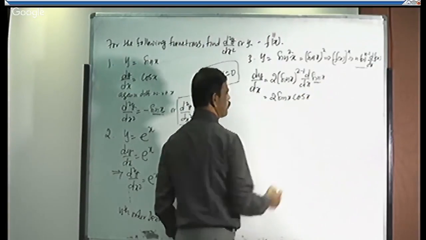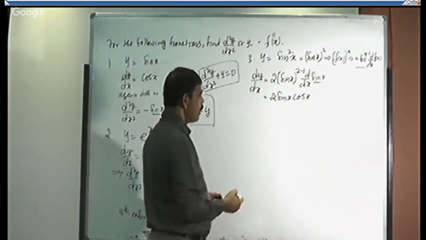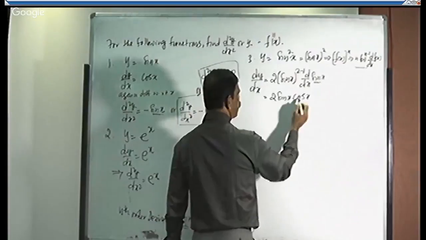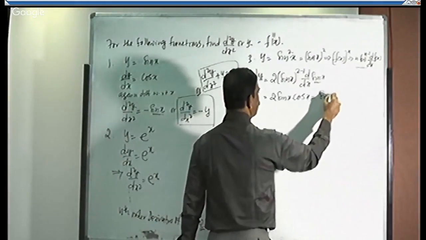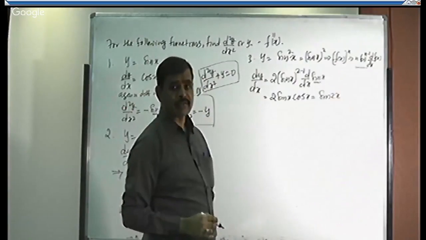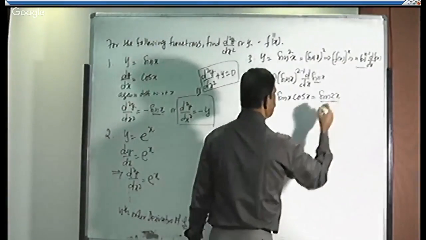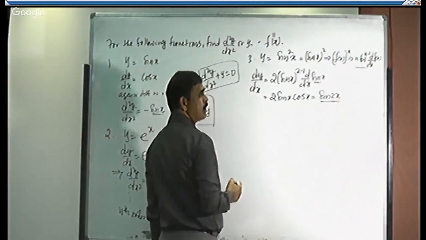Cos x. Differentiation of sin x is cos x. As we know that 2 sin a cos a is what? It is sin 2a. Multiple angle formula. 2 sin a cos a is always sin 2a. We got the dy by dx as sin 2x.